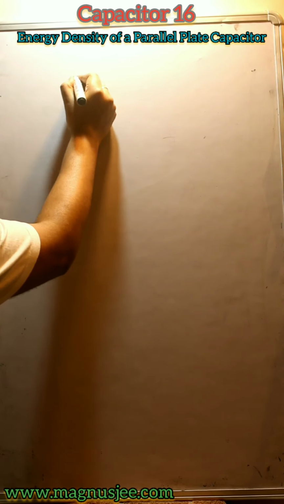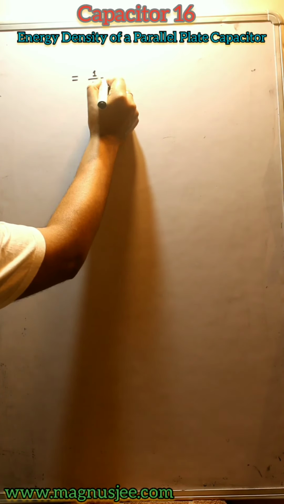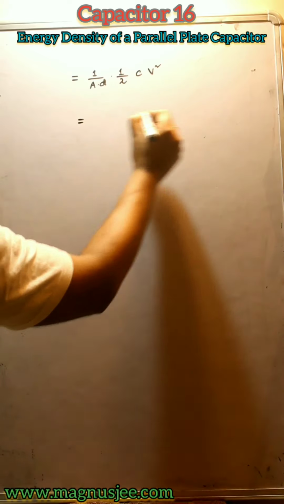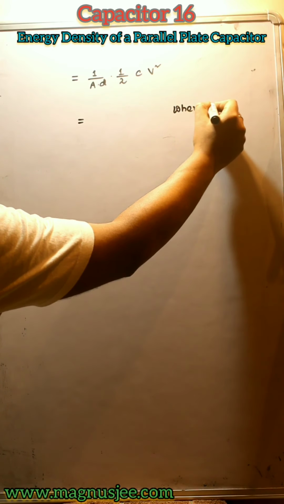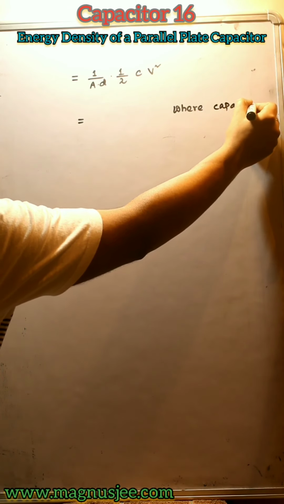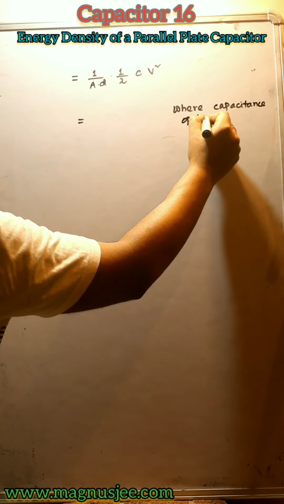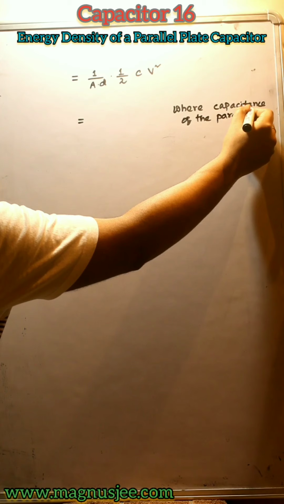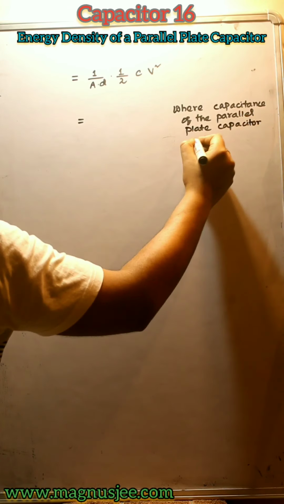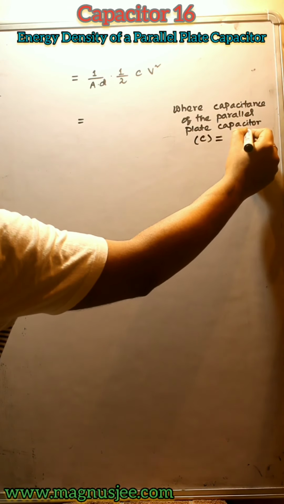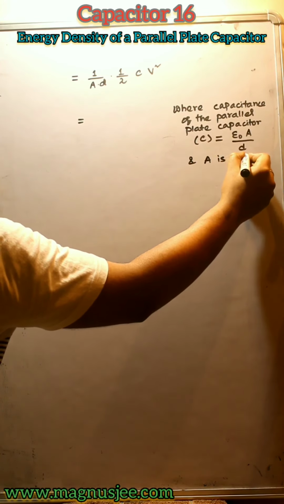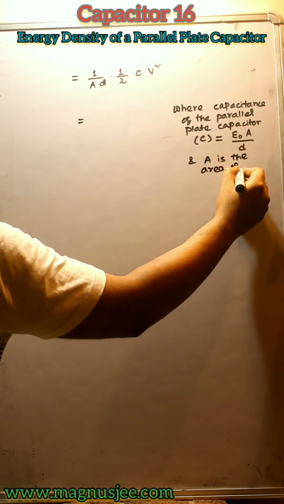In the next page, we can write 1 by AD, half CV square again, where C is the capacitance of the parallel plate capacitor, C equal to epsilon naught A divided by D, and A is the area of cross section of each plate.